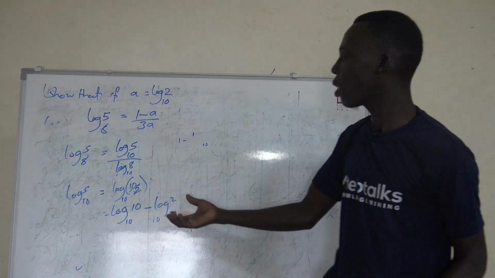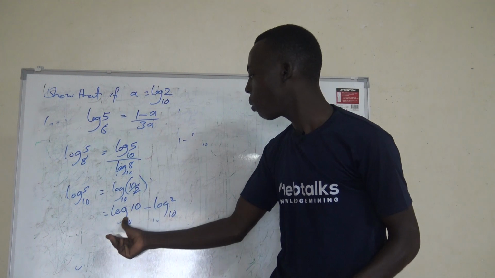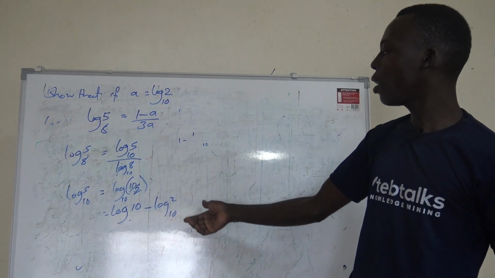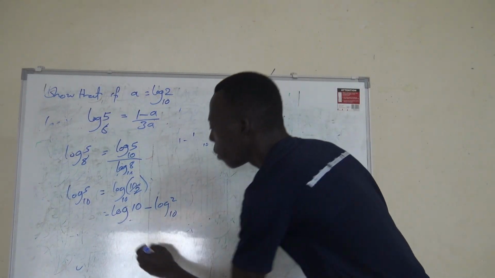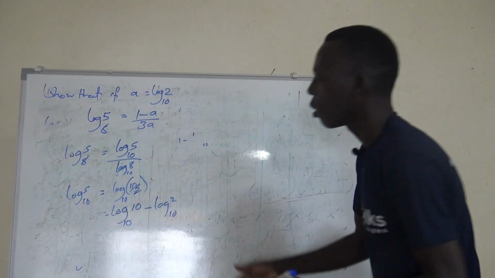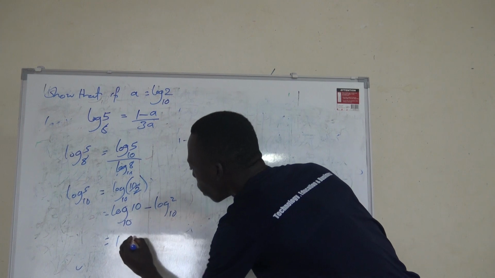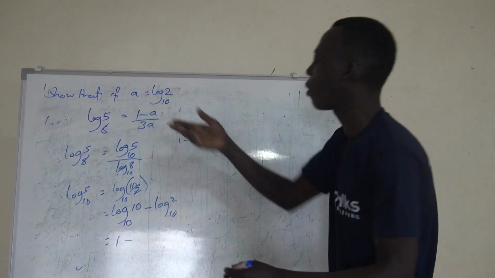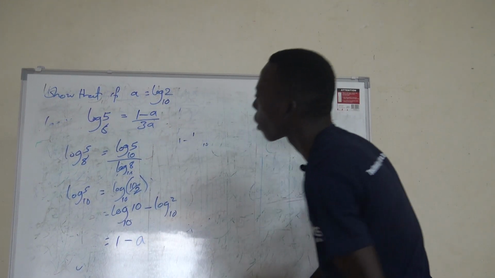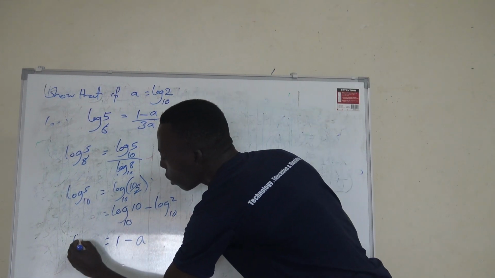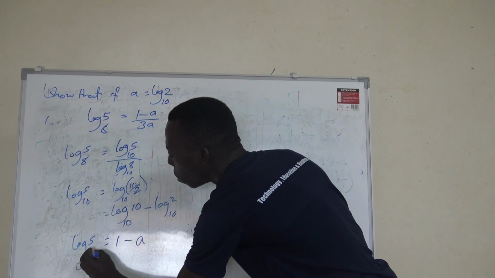So we have expressed it in terms of base 10, and this is the same as 1 minus the value of log 2, which is a. So that is the same as log of 5 base 10.